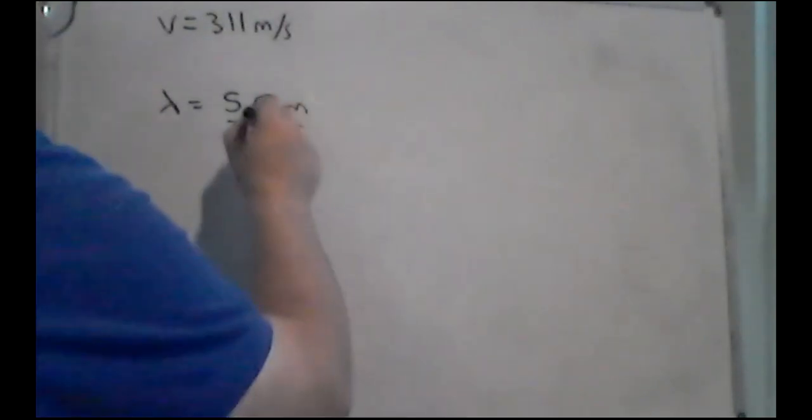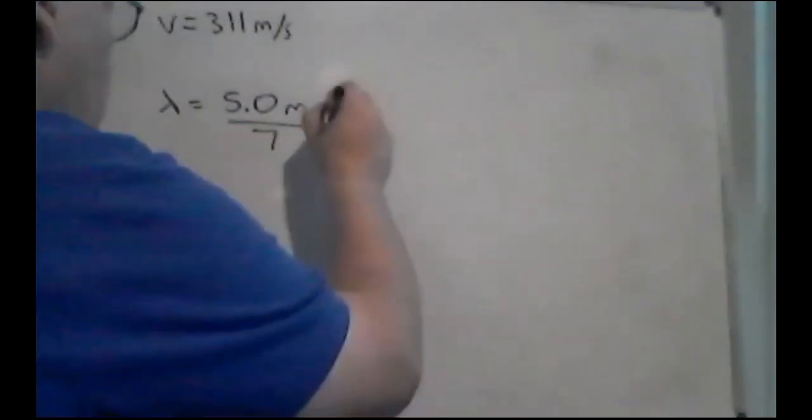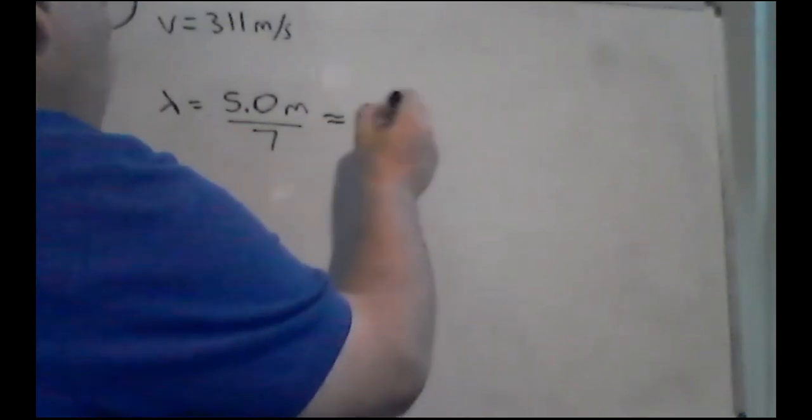This is very, very crude math. I counted about 7 full cycles, and 7 full cycles took about 5 meters. So one way of looking at this would be 5 meters divided by 7 cycles. I'm looking at a wavelength of about 0.71 meters, roughly.